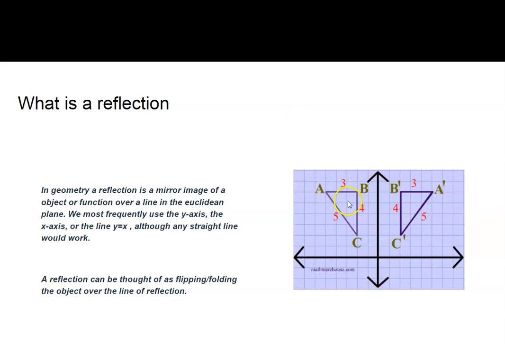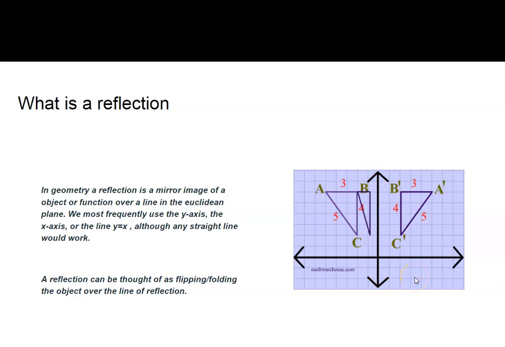So we can see here, this is a pretty good indication of what exactly we're doing. We have this triangle on the left side. We are reflecting it across the y-axis, and it's basically like we're folding the object using that y-axis line as the fold.